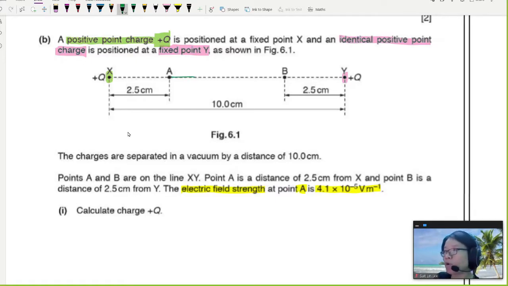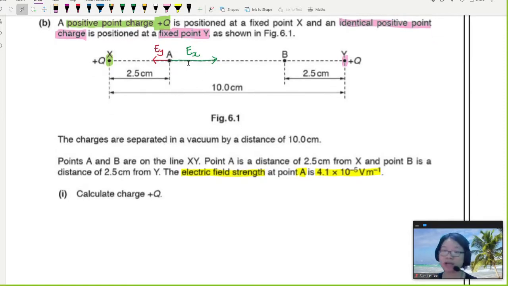Not EA, but EX, the electric field due to the point charge at X, will point away from charge X. Charge Y is also positive, so EY will point away from charge Y, but EY is smaller than EX, because it is further away. The charge is the same magnitude, and further away you get a weaker field. So I can safely say that the electric field strengths are vectors and they're in opposite directions.